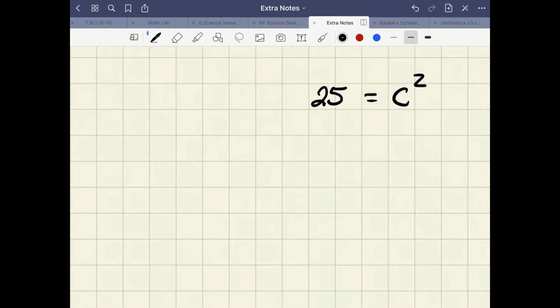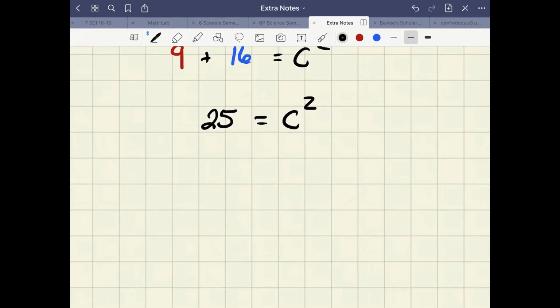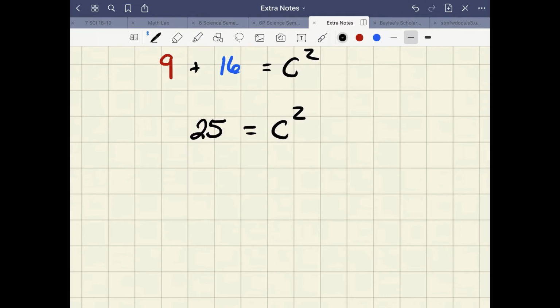Now, let's apply this to this idea of c squared and 25. If I take the square root of c squared, just focus on that for a second. Let me grab my laser pointer here. This square root symbol and this squared symbol, they cancel each other out.